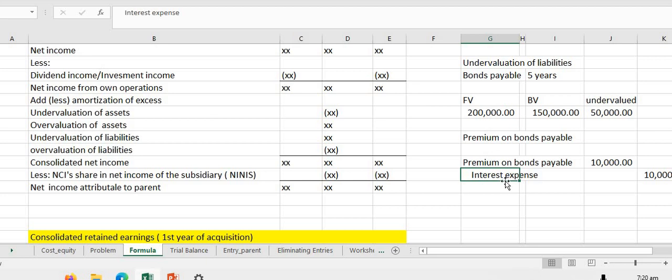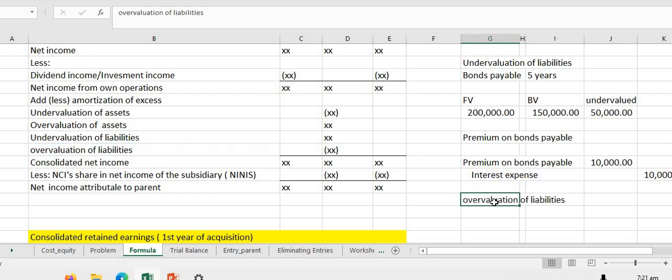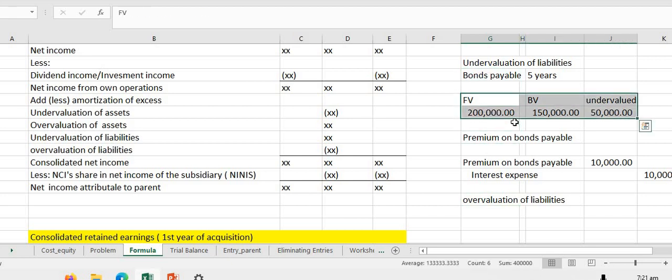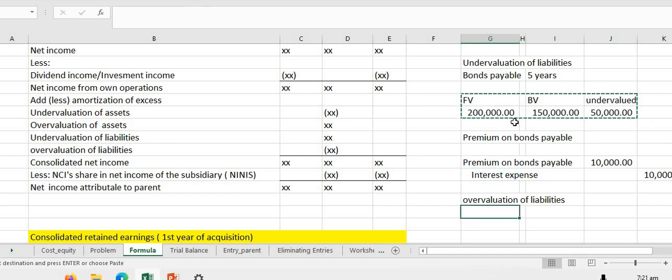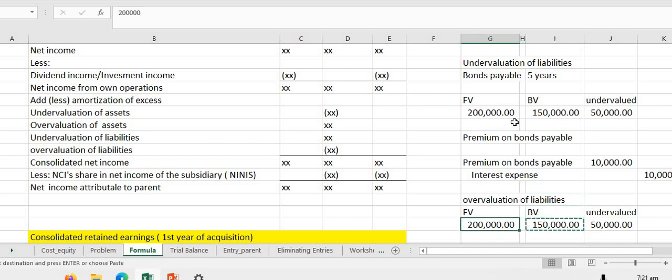Okay? So, what if, no? Overvalued yung liabilities natin. Okay? And, for example, overvalued. Gawin natin 150. 150 yung book value.